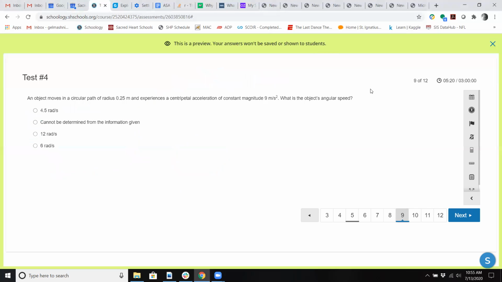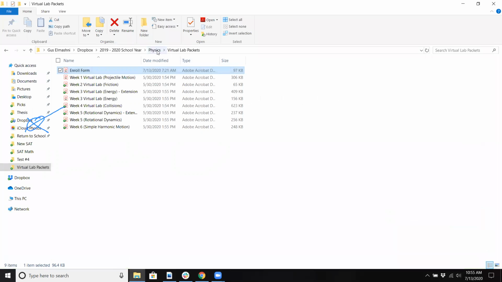Over here, okay, a lot of people thought the answer was this one. And it's not. So actually, that's not true. Here's what's happening. Do you want the object's angular speed? So what you really want to do is know your formulas well. So let's go over here.